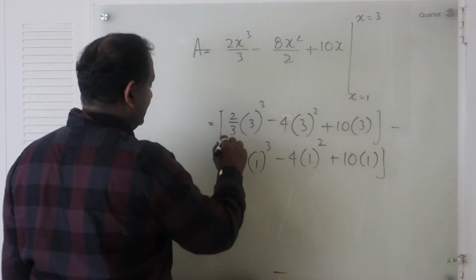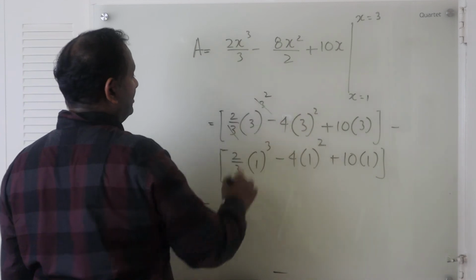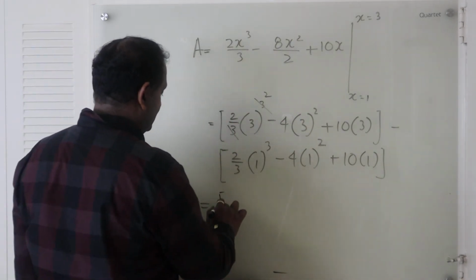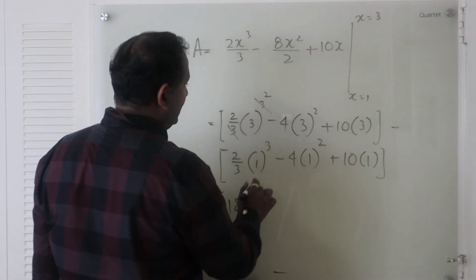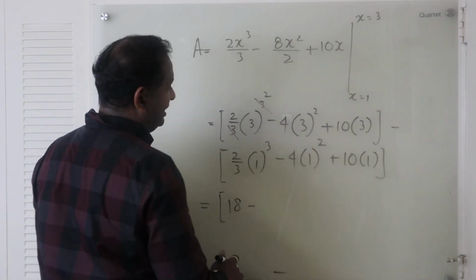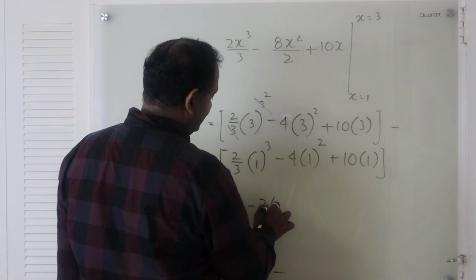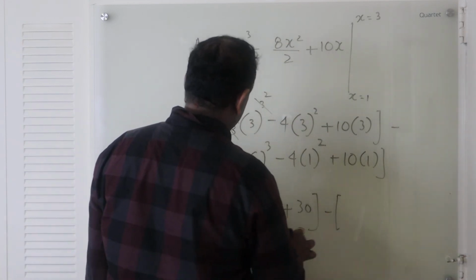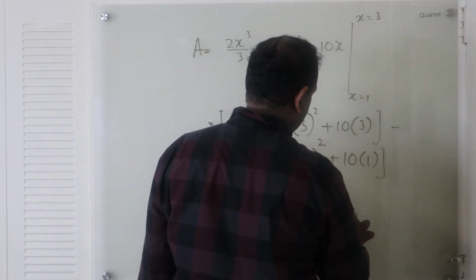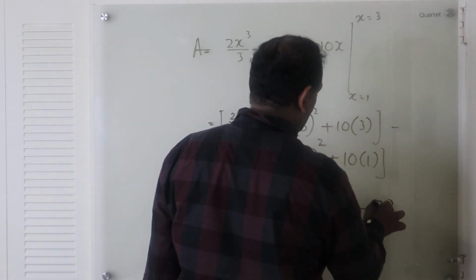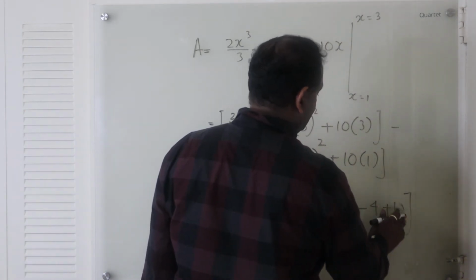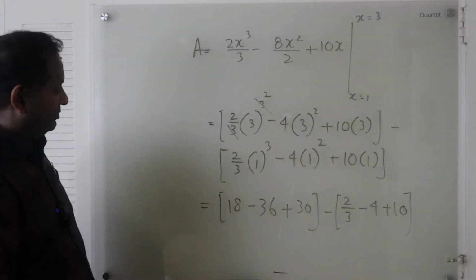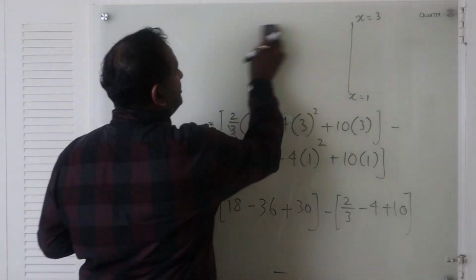Then 3 and 3 get cancelled over 3 to the second, which is 9. 9 times 2, 18 minus 4 times 9 is 36 plus 30, minus 2/3 minus 4 plus 10. See? Let's simplify further down.